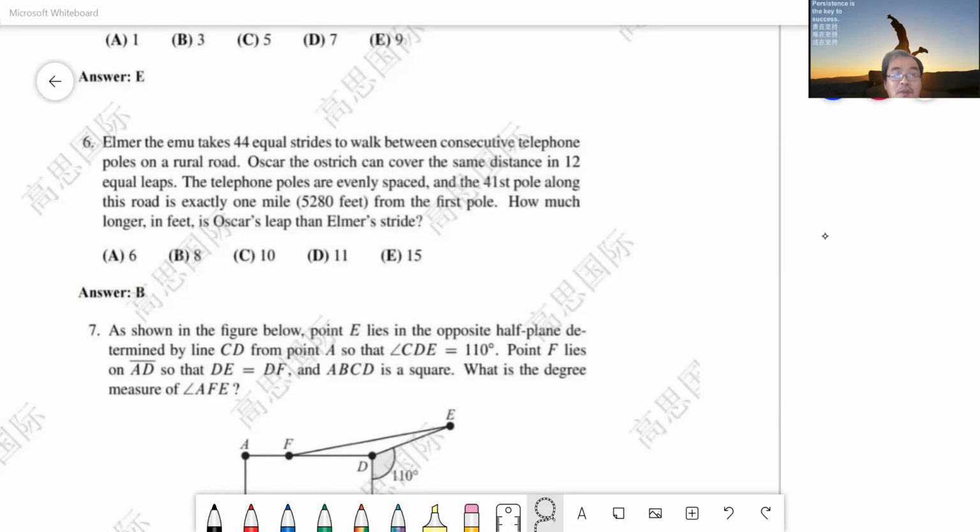The telephone poles are evenly spaced, and the 41st pole along this road is exactly 1 mile from the first pole. How much longer in feet is Oscar's leap than Elmer's stride?